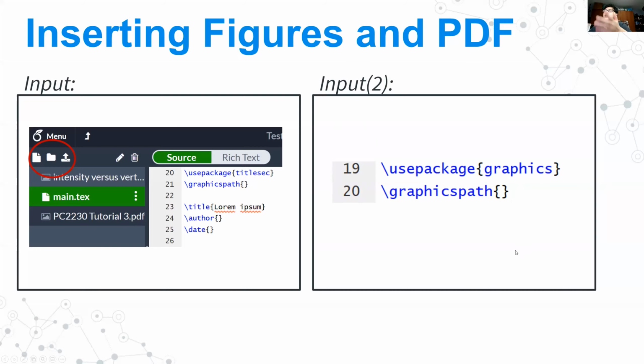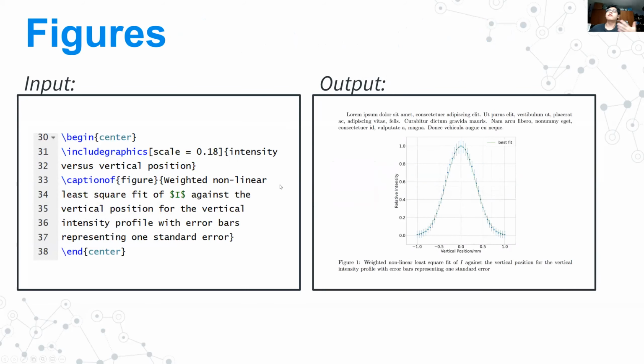But since we are doing it on Overleaf, it's just empty. To insert a figure, once again we need to have begin center and end center to center our figure. Otherwise, it will be left aligned.